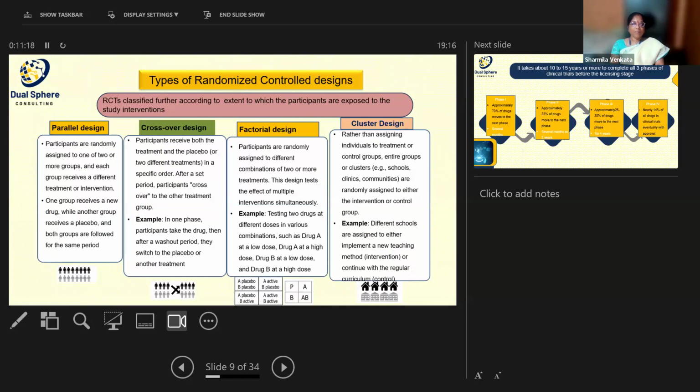RCTs themselves come in different flavors depending on how interventions are given. Let's walk through them. Parallel design: these are the simplest and most common. Most of you know the parallel design, right? Participants are randomized into separate groups, each receiving one intervention. For example, one group gets a new diabetes drug, another gets placebo.